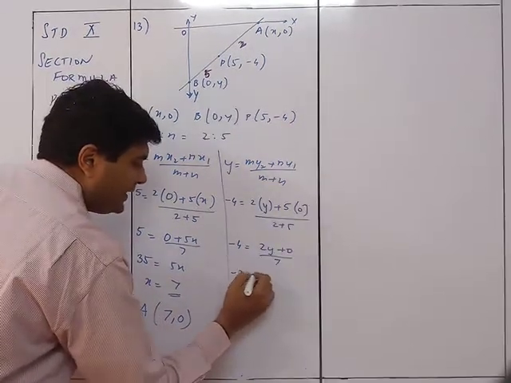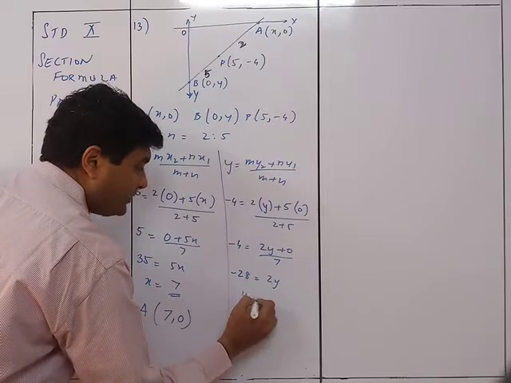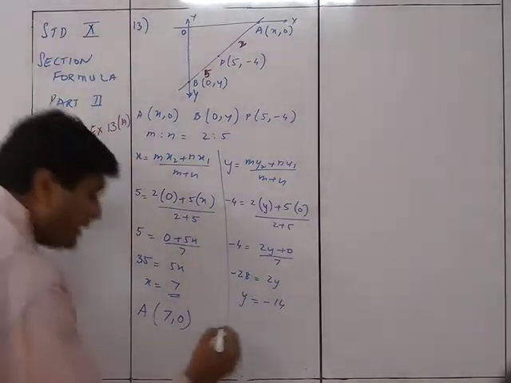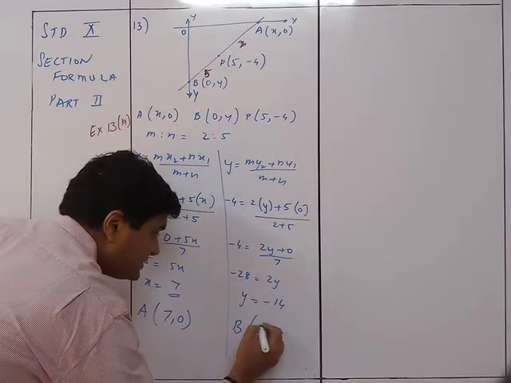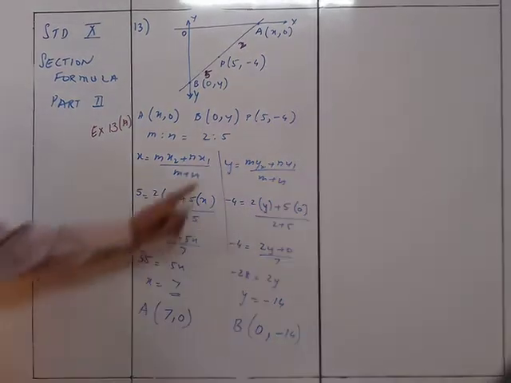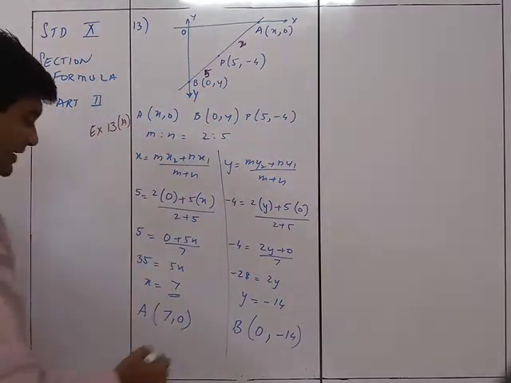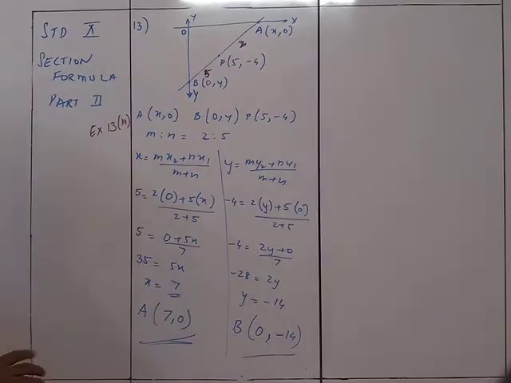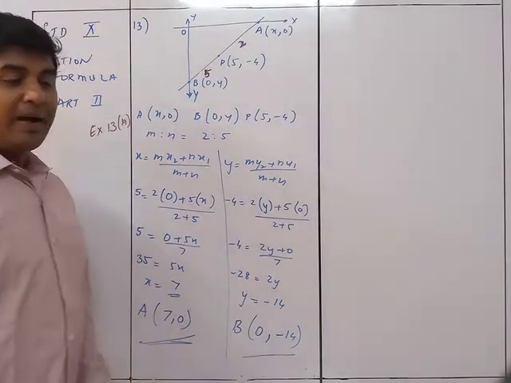So -28 equals 2y. So y equals -14. That gives me the value of B as (0, -14). Understood? This is B, (0, -14). So you've got two values over here: A is (7, 0) and B is (0, -14).